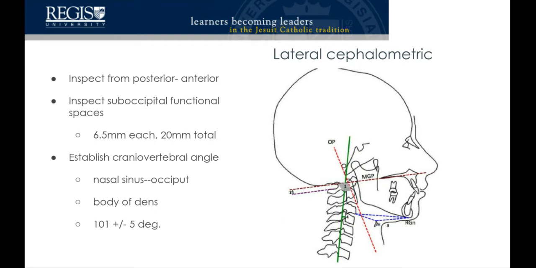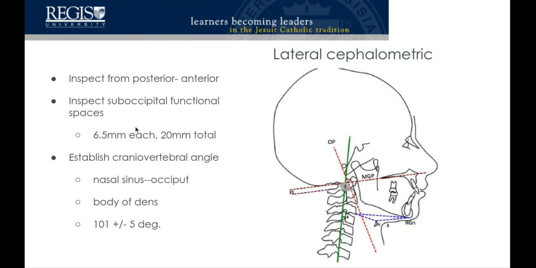We typically look at films from posterior to anterior, whereas a dental professional would go from the front back. There's other stuff here with certain teeth that they look at, which we don't have much business with. So our perspective is from back to front. And we can also see the spacing between the occiput, arch of C1, and the spinous process of C2.